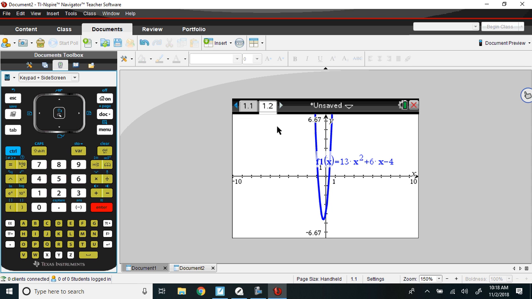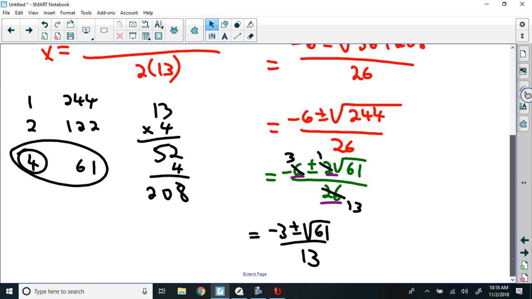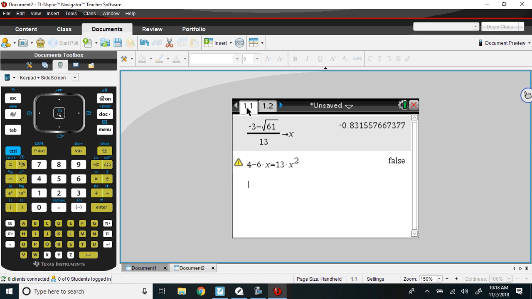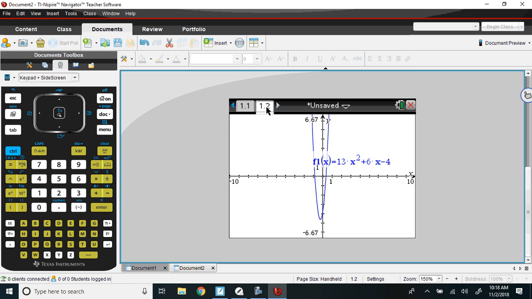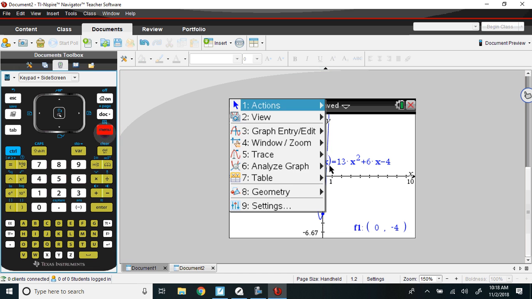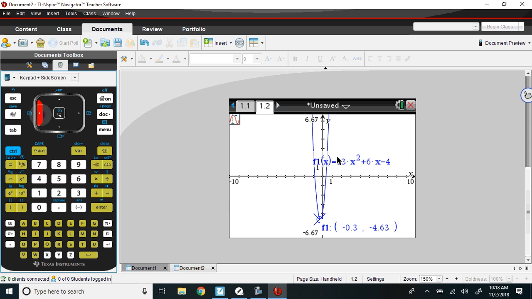Okay. So I want to find one of my zeros. We saw that one of them is negative 0.83, right? Negative 0.83. So menu, trace, graph trace. Oh, negative 0.83.